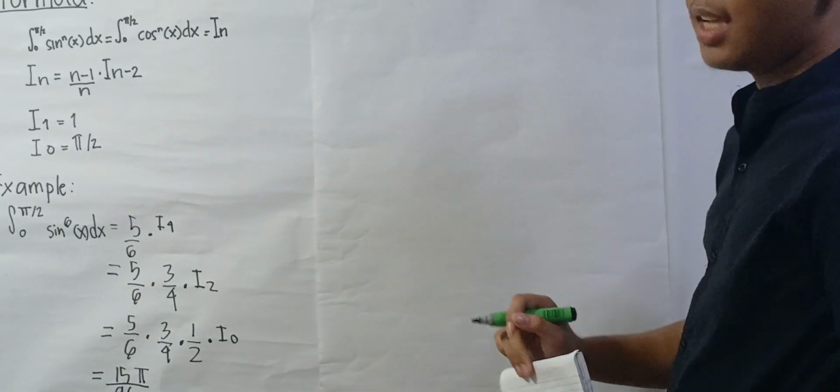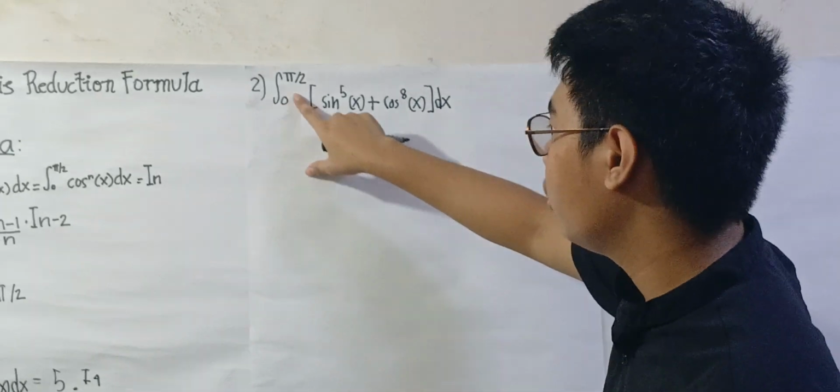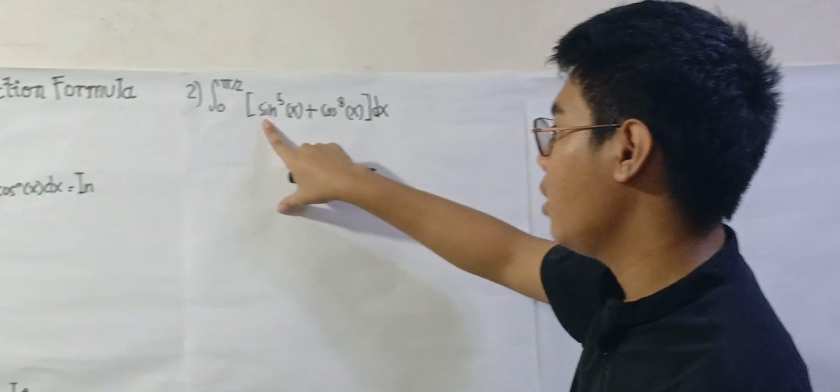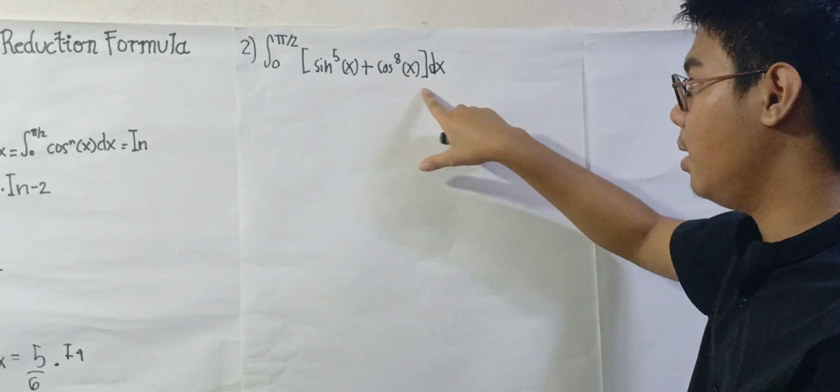On to the second example, and our last one. The integral from 0 to pi over 2 of sine to the 5th power of x plus cosine to the 8th power of x dx.